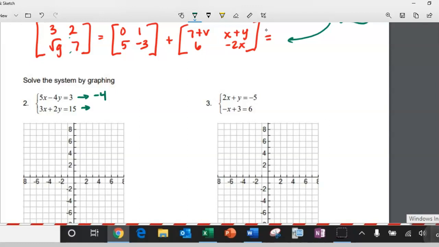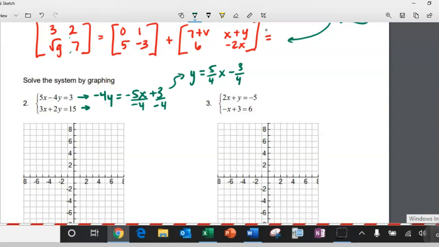I have negative 4y equals negative 5x plus 3. Then I'm going to divide everybody by negative 4. So I would get y is equal to a negative divided by a negative is a positive. So this is positive 5/4 x. Divide this guy by negative 4 and get negative 3/4.